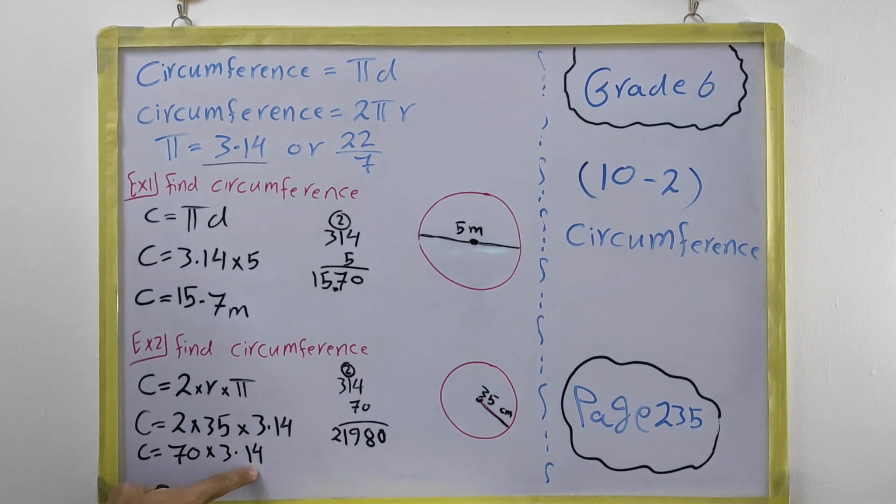We had 2 numbers after the point, so 1, 2. It is 219.80 or 219.8 centimeters.